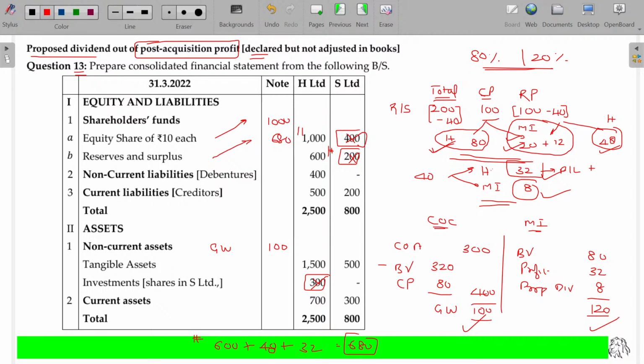And minority interest we have which is 120, and debentures remain as they are. Current liability also remains as it is. The tangible assets in this case being 2000, we don't have the investment, and current assets being 1000 rupees. Overall total being 3100. Are you getting this value?